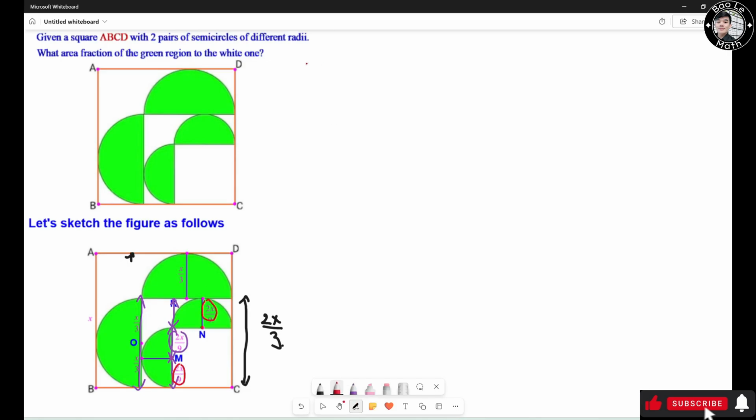Now I need to calculate the area of the green. It's going to be equal to the area of the two big semicircles plus the area of the two small semicircles. The area of the big semicircles is going to be pi r squared, because if I combine this one and this one, it's going to be the full circle with radius s over 3.